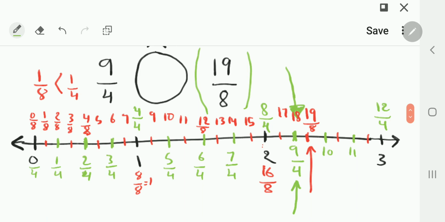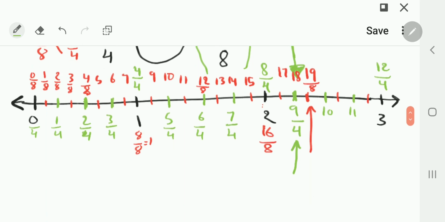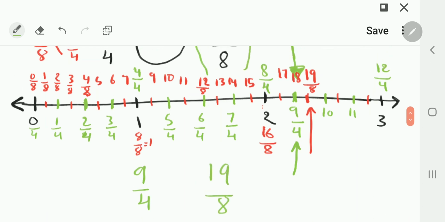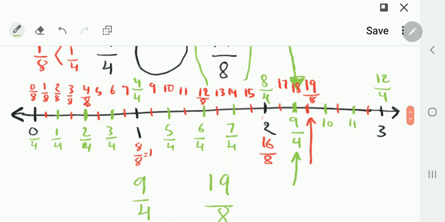See, that's why it's confusing even for adults. Even adults, it's going to take them some thinking to really figure out which one is bigger. Is it 9/4 or 19/8?